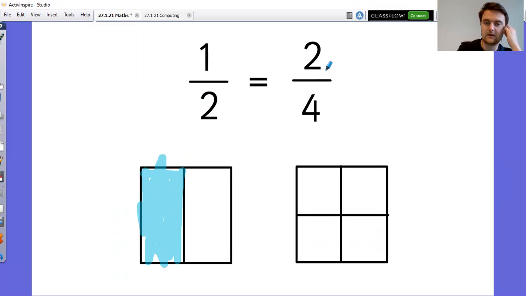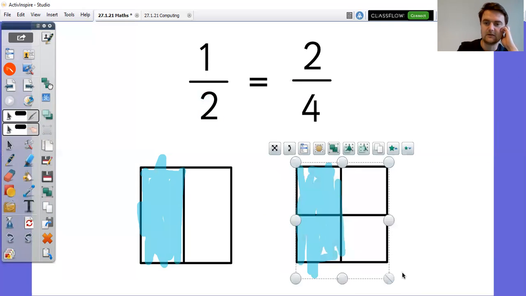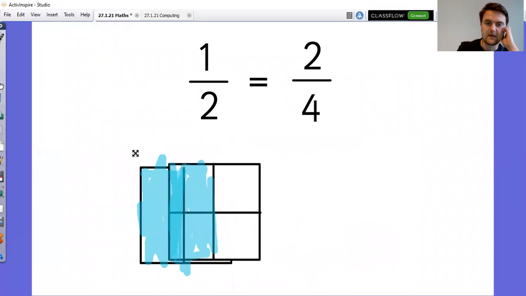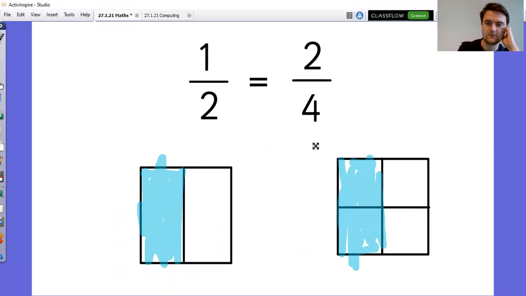Now, if I have a look next to it with 2/4, I've got it split into 1, 2, 3, 4, as it says from my denominator, and I'm going to shade in two of those. Now, if I do this nice and quickly, I can see that I've got the same amount of the shape shaded in, which tells me that 1/2 is equivalent to 2/4.